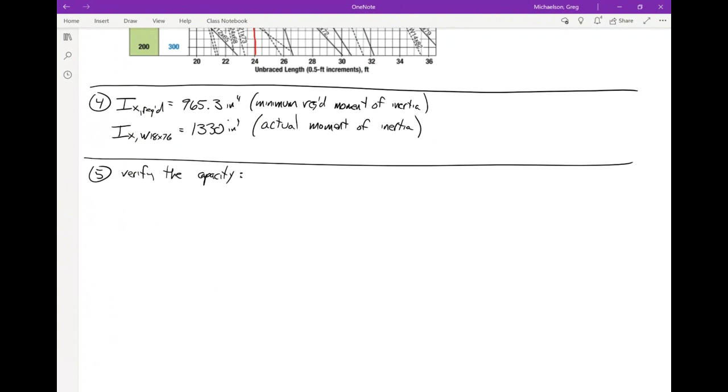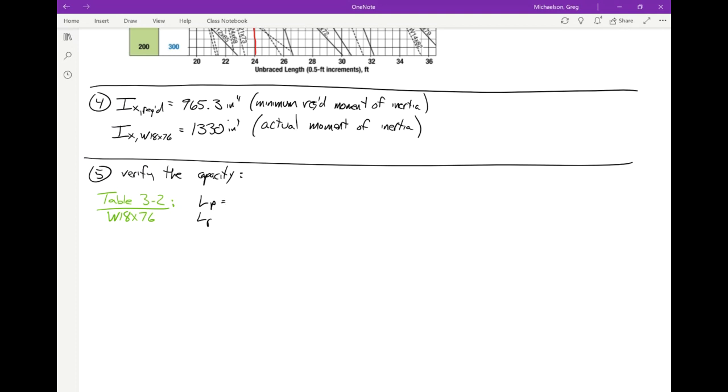Now, for table 3-2, to verify the capacity, I need to go to table 3-2, and remember, we're looking at a W18 by 76. I'm going to go a little fast on this part to make sure that we complete this. I'm going to need a few values. First thing I'm going to need is LP and LR.